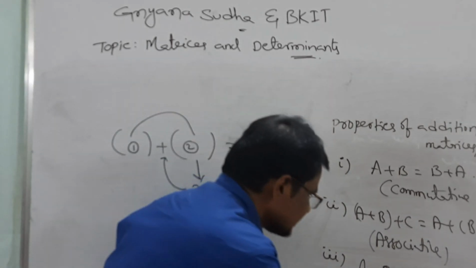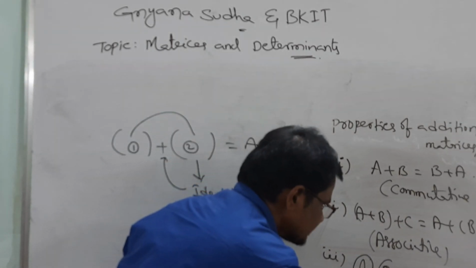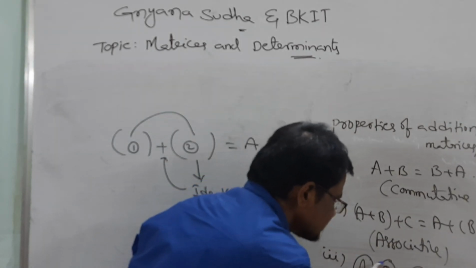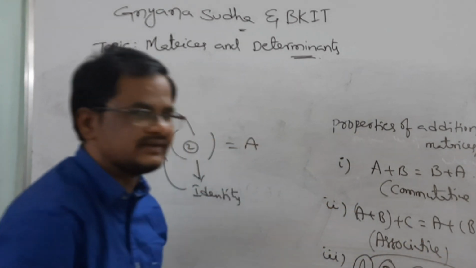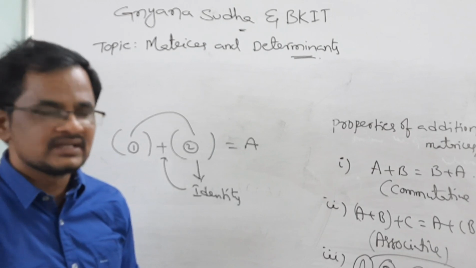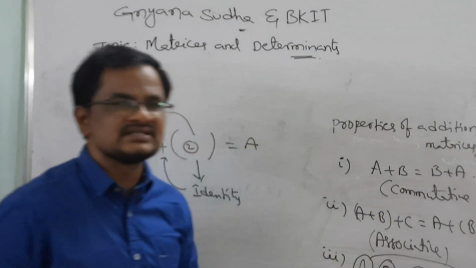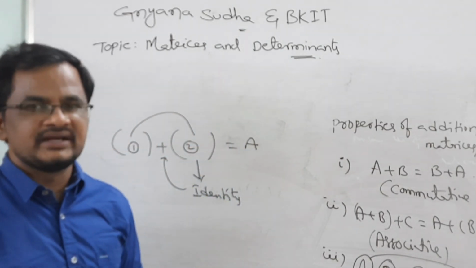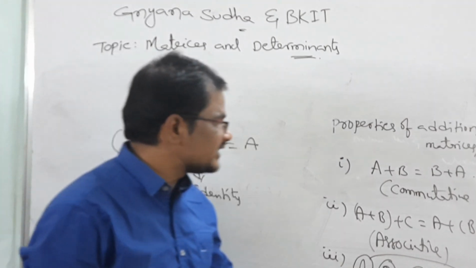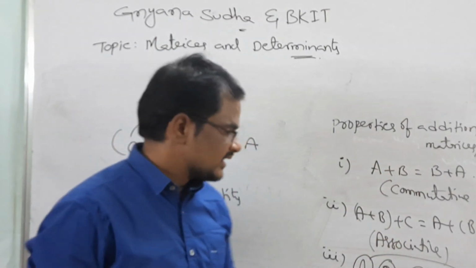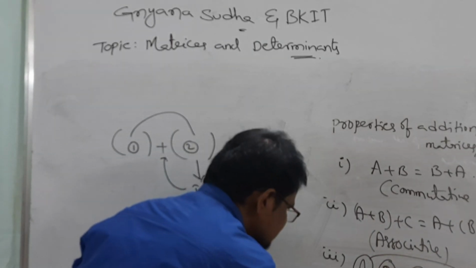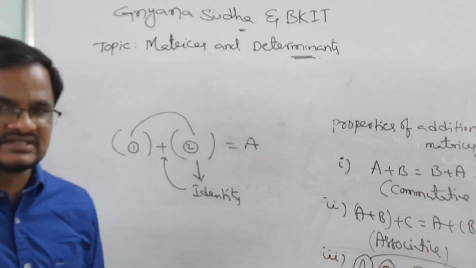Means adding two matrices, getting the same output, the other one is the identity. So the 0 matrix is called the additive identity. What is the additive identity in addition of matrices? The 0 matrix.